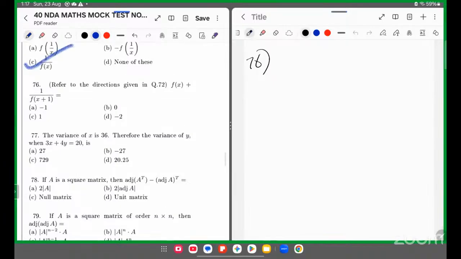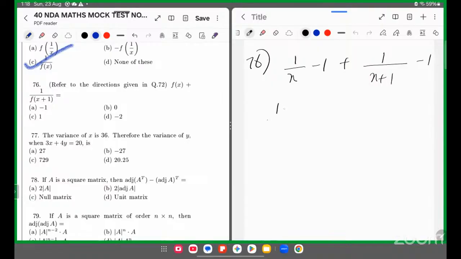Refer to the directions f of x plus f of, okay, it will become 1 by x minus 1 plus 1 by x plus 1 minus 1. So 1 by x plus 1.